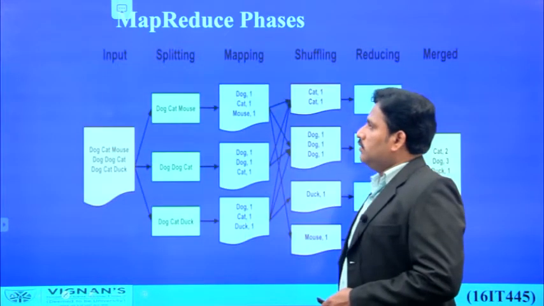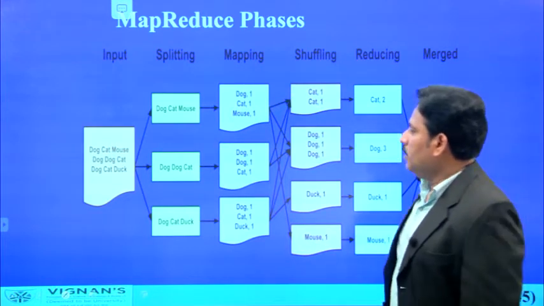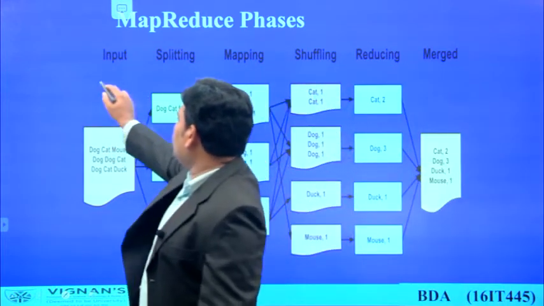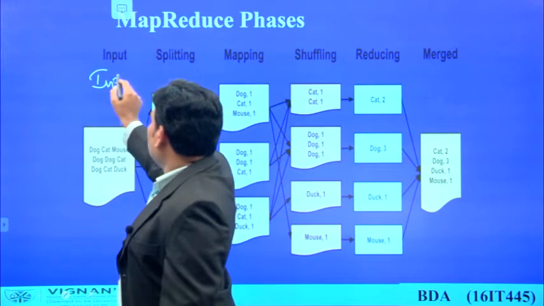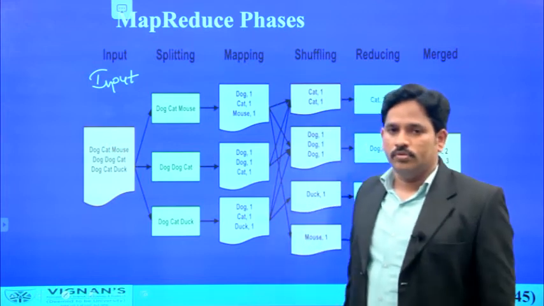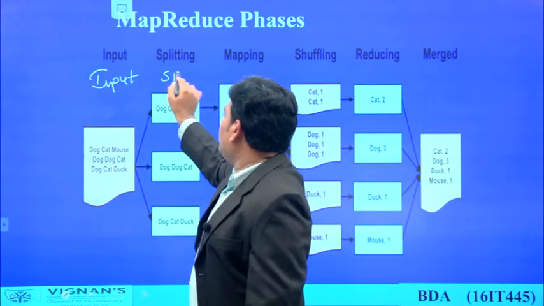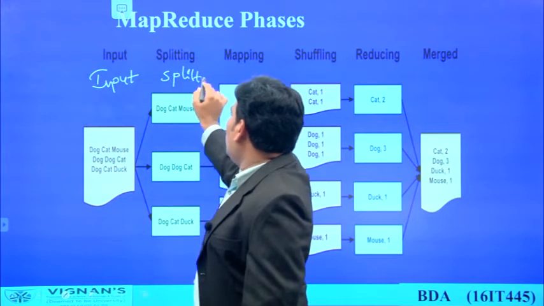Next we will see what the phases of MapReduce are. Here we are getting an input, and whatever input we get is going to be split into smaller chunks or smaller blocks by applying a splitting operation.